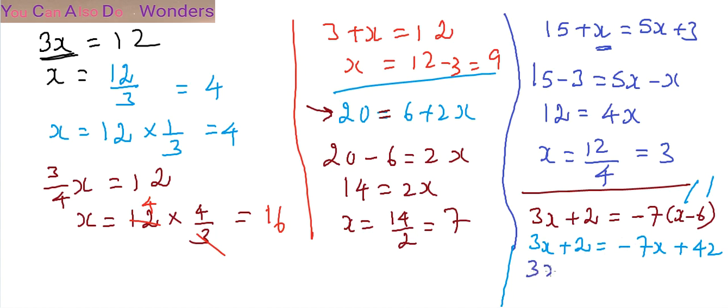So now it becomes 3x plus 7x, because minus 7x becomes plus 7x when it comes to this side, equal to 42. Again, plus 2 becomes minus 2. So here we have 10x is equal to 40.